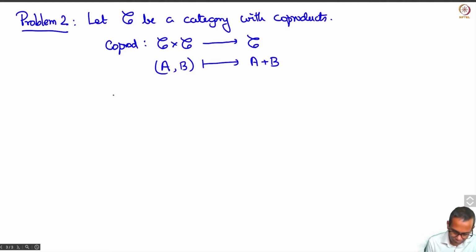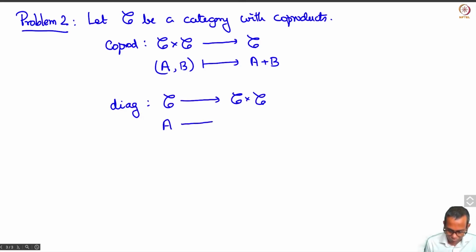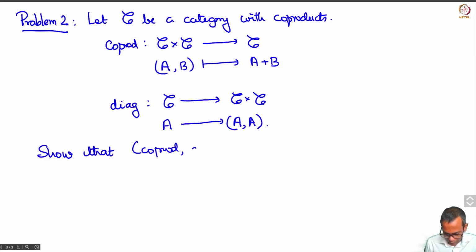And then we have a functor called diag from C to C cross C, and this is the functor which takes any object A to the pair A comma A. And the problem is, show that coprod comma diag form an adjoint pair.